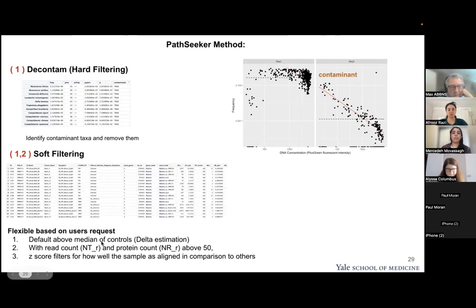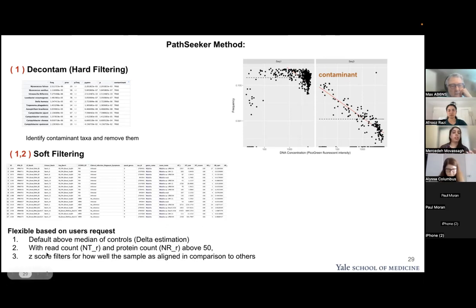One method of doing this is estimating a delta, looking at your control versus the actual read, and basically your real count of that particular pathogen would be the difference between the median of what is in the control versus what is in there actually. So that would be your real count.